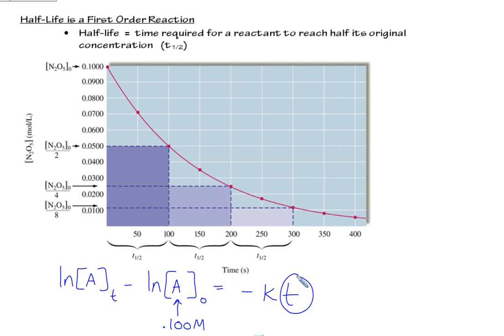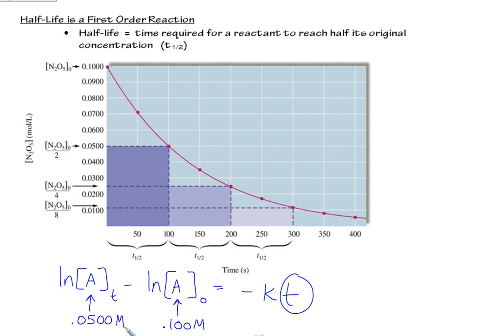So at the half-life, this would be 0.05 molar. And then we might have the value of k, and maybe we'd find the slope of the line, and the constant should just be the opposite of the slope. We'd plug it all in, solve for t. Which still works. It totally still works.